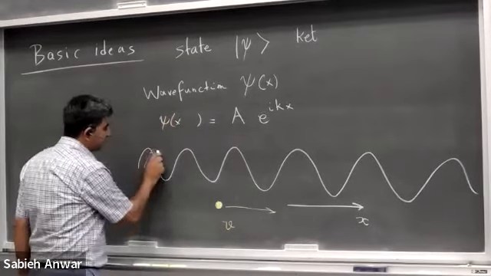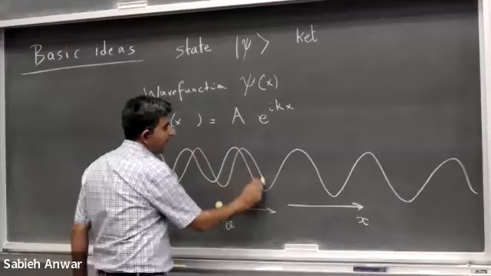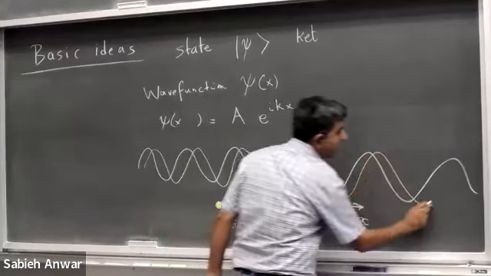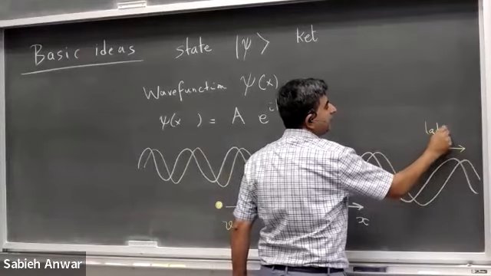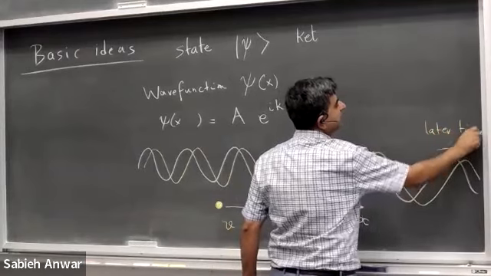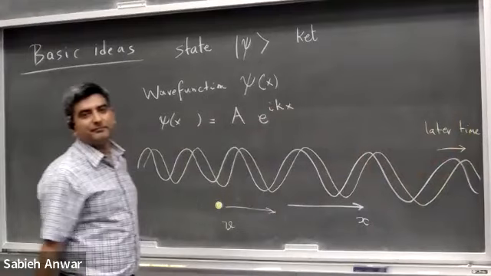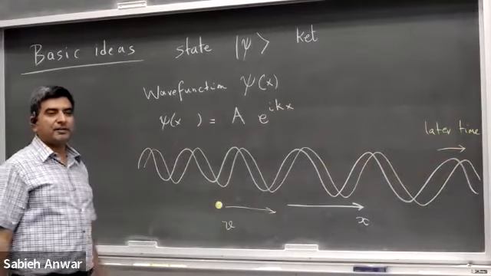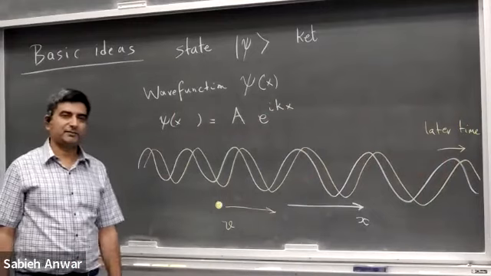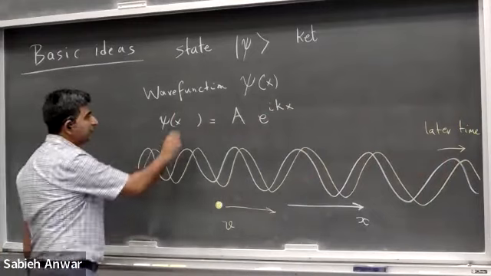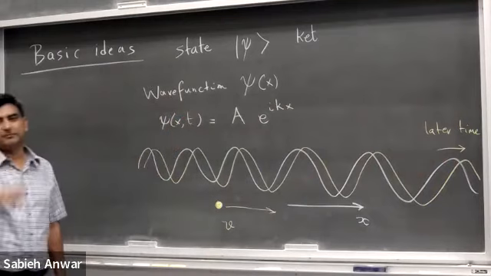Suppose this wave function has advanced forward at some later time. So yellow represents the wave function at some later time. So this wave function not only has position dependence, it also has time dependence. So this is a function of both position and time.